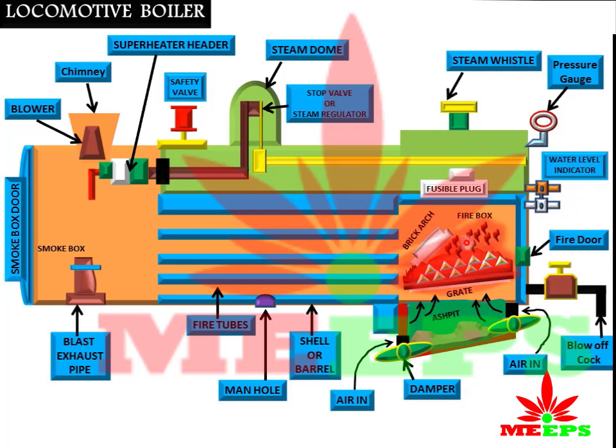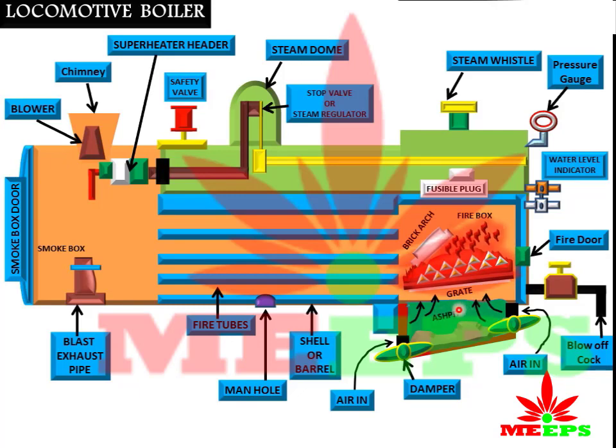The hot gases are generated here due to the burning of the coal, and these are deflected by the brick arc, so that the walls of the firebox may be heated properly, and this firebox is completely surrounded by water. This blue color shows the water, except only the fire hole and ashpit.